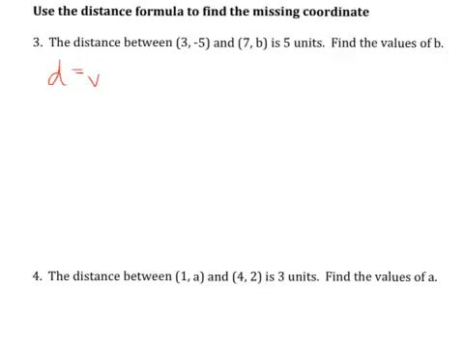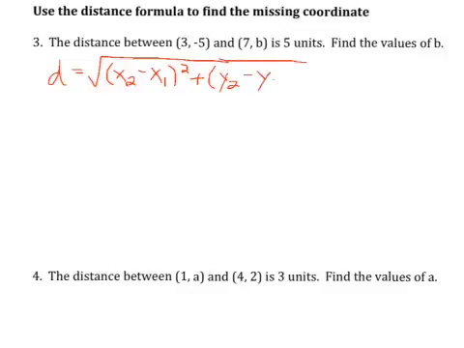D equals the square root of (x2 minus x1) squared plus (y2 minus y1) squared to help us solve for b. Since the distance is 5, I'm going to plug that in for d.